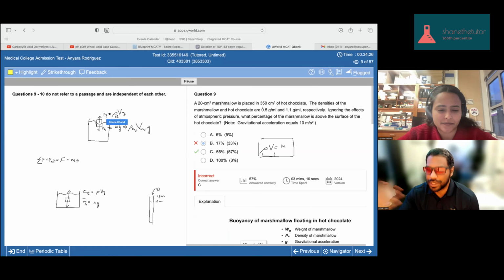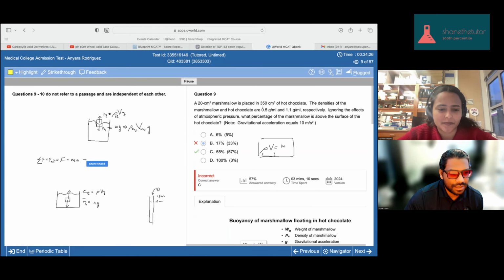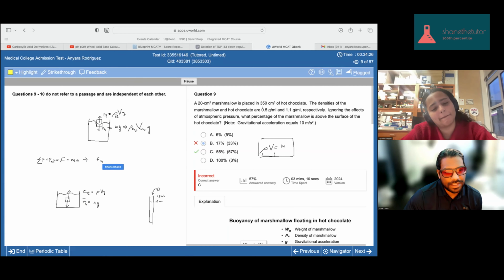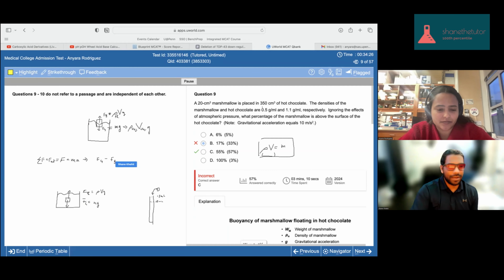And since they're in opposite directions, one will just be a negative. So we can rewrite this as, let's say, force of gravity minus the buoyant force. It could also be the other way around, depending on wherever you put the negative term, is equal to ma.